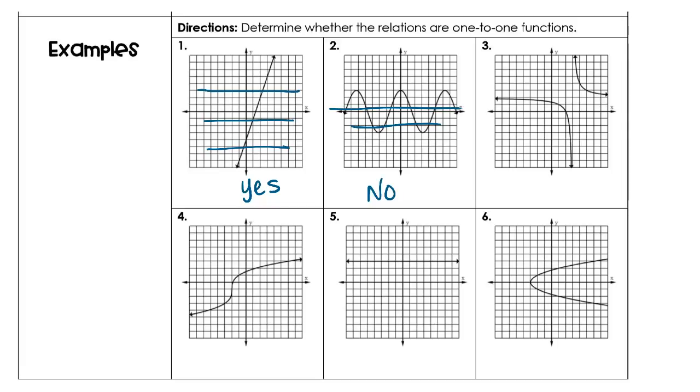Our next one, we would have a one-to-one relationship. Looking at 4 through 6, again, drawing those horizontal lines, yes, we have a one-to-one relationship. And for this one, no, we're not, because the graph itself is a horizontal line. And then finally, for our next one, this one is not going to be, even though it passes horizontal, it does not pass the vertical line test. So this one would also be no.